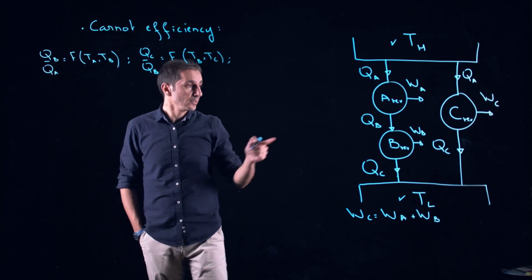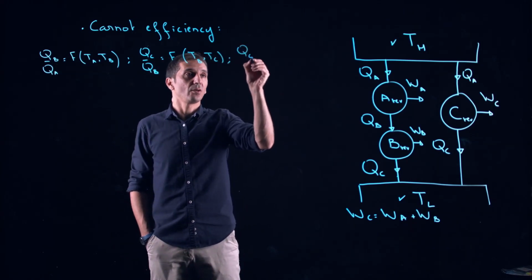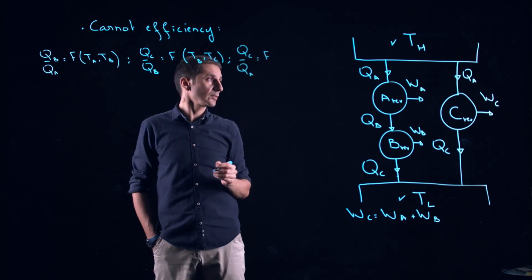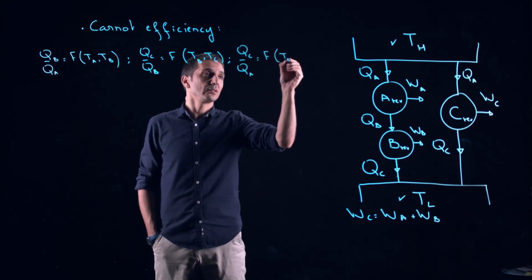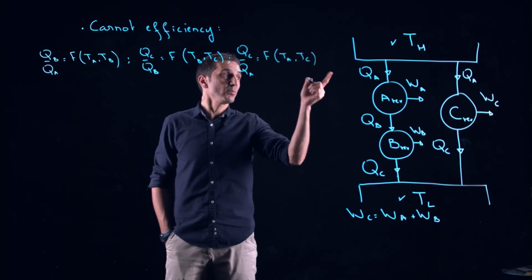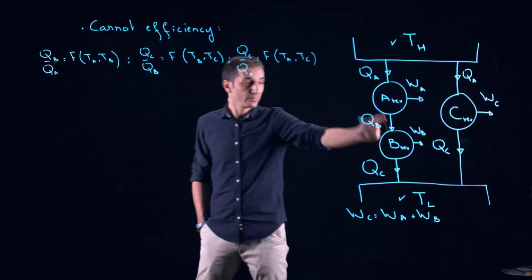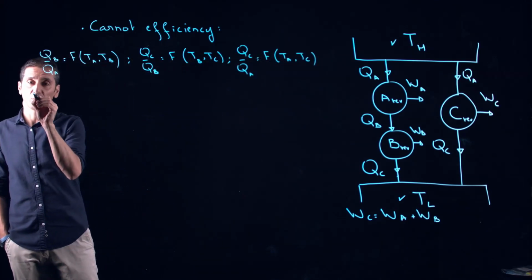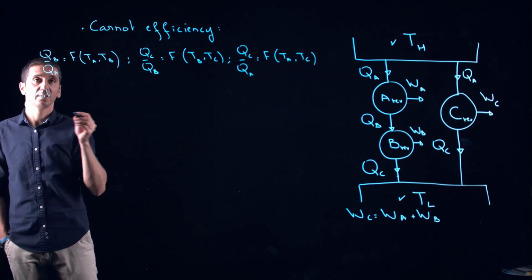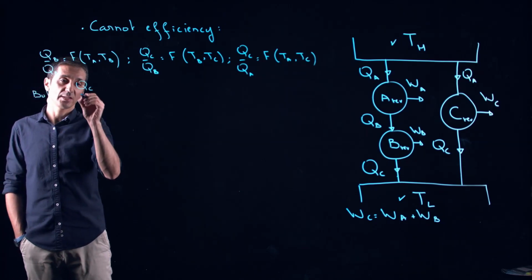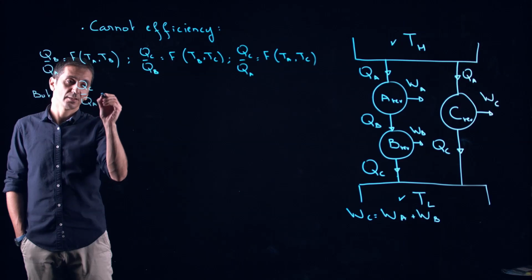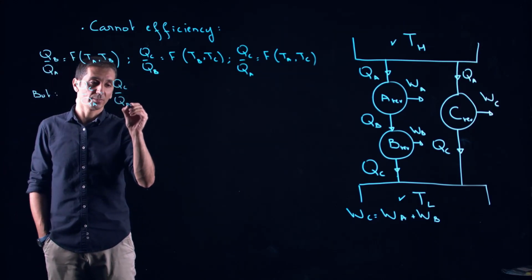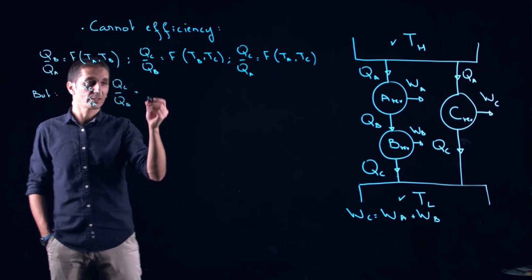And finally, QC over QA is equal to a certain function of TA, TC. Remember, this is valid for reversible heat engines. But we can always write that QC over QA is equal to QC over QB cross QB over QA.